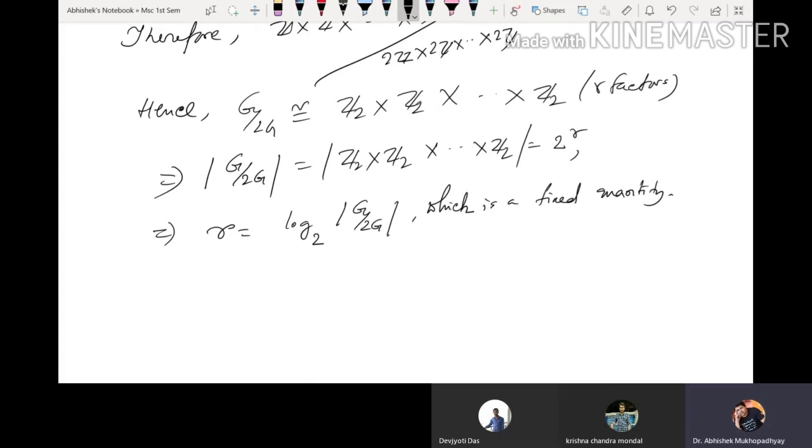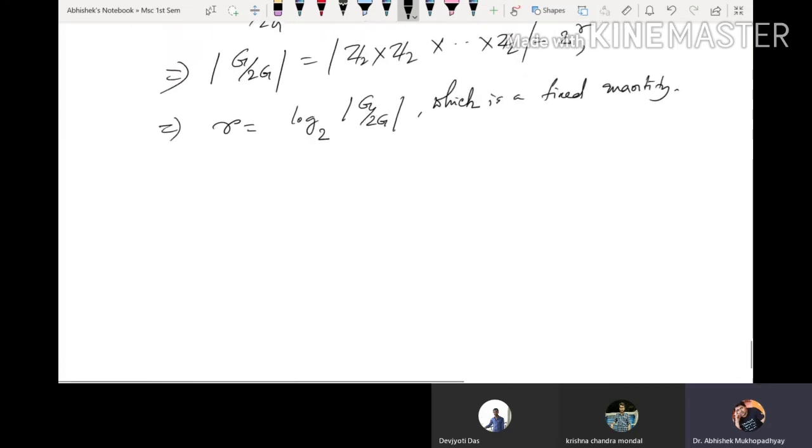So every basis has log base 2 cardinality of G by 2G elements. So that means every basis is finite and has the same number of elements for all the bases.